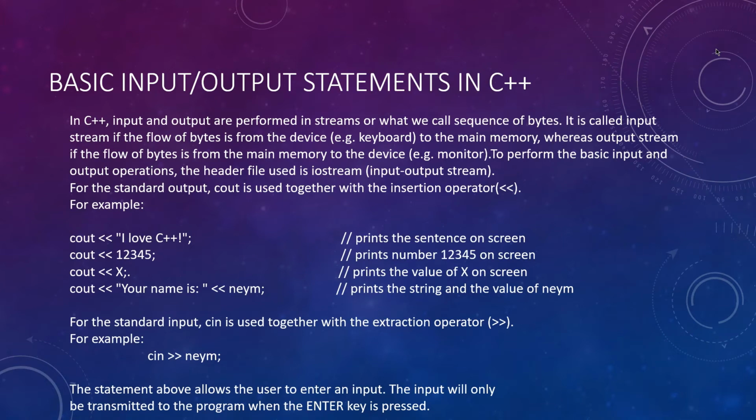To perform the basic input and output operations, the header file used is iostream. For the standard output, cout is used together with the insertion operator. This is the example of the basic input and output statements.